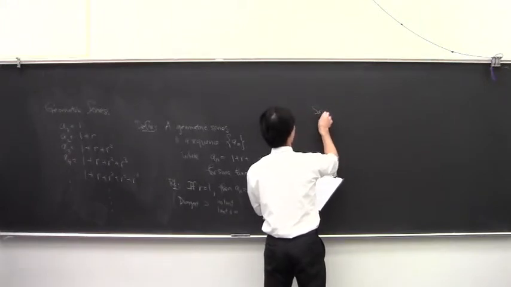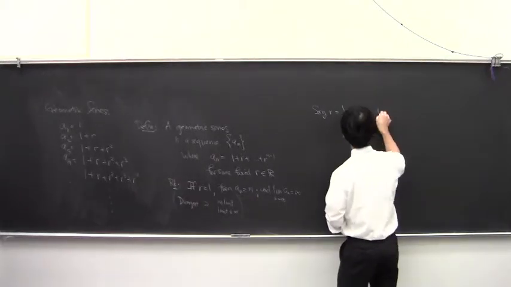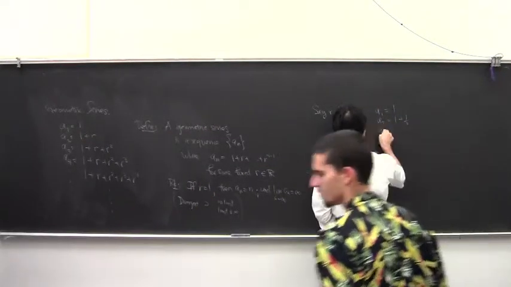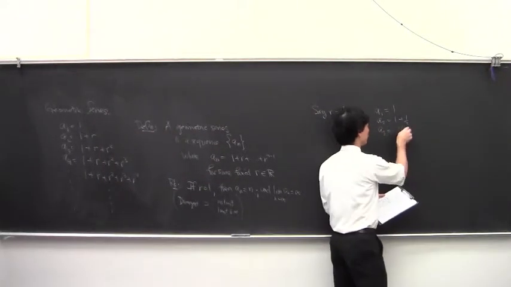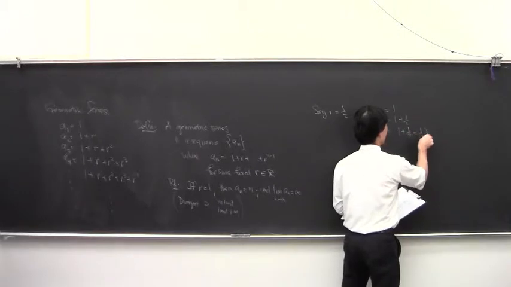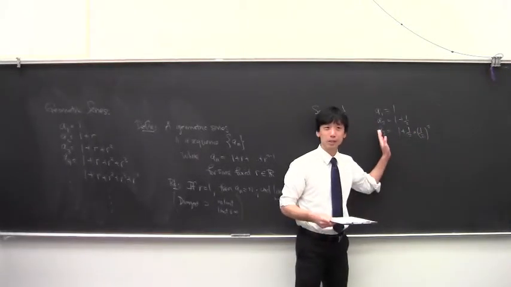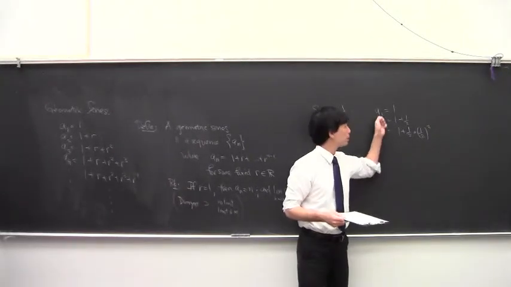However, let's say that r is a half. Then a1 is 1, a2 is 1 and a half, a3 is 1 plus a half plus a half squared, etc., etc. And what happens to this sequence? Does anyone know?